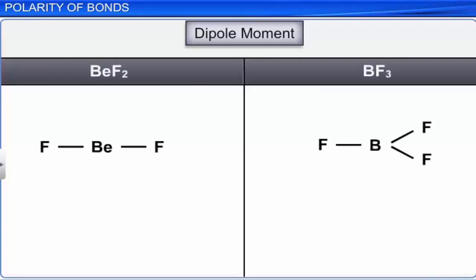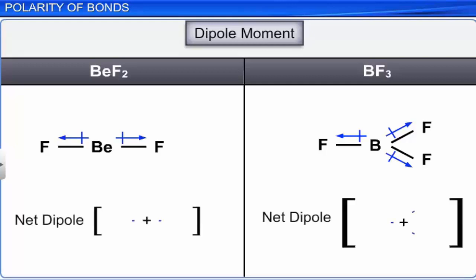In case of polyatomic molecules, the dipole moment depends on the individual dipole moments, called bond dipoles, and on the spatial arrangement of various bonds in the molecule. The net dipole moment is the vector sum of the dipole moments of all the bonds present in the molecule.